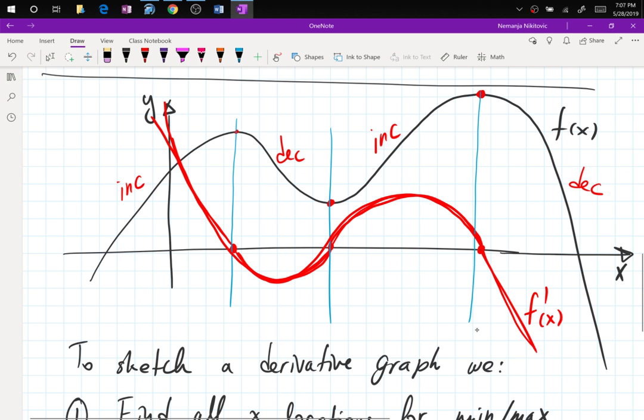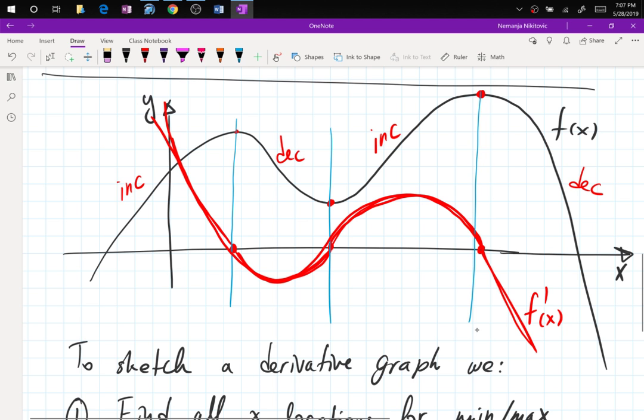What's your question? I'm wondering why the f(x) is increasing at the beginning to cross over the y-axis, but the derivative is decreasing at the same time. So f(x) does start decreasing.